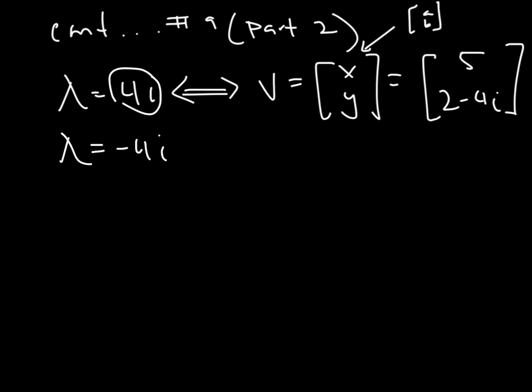The reason we don't need to worry about the other one when you have complex eigenvalues is because we're assuming that the matrix A has only real entries. I forgot what our matrix A was, but the entries were only real numbers.